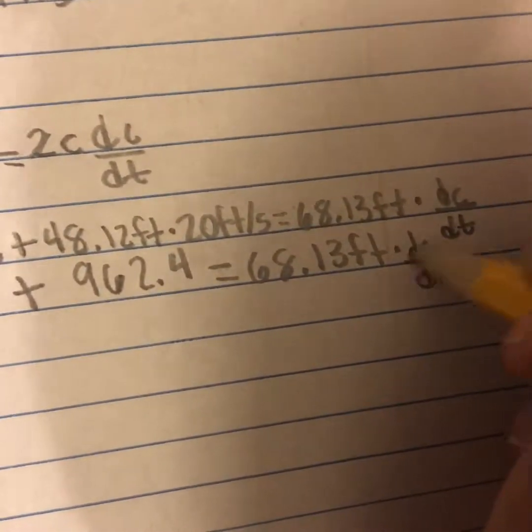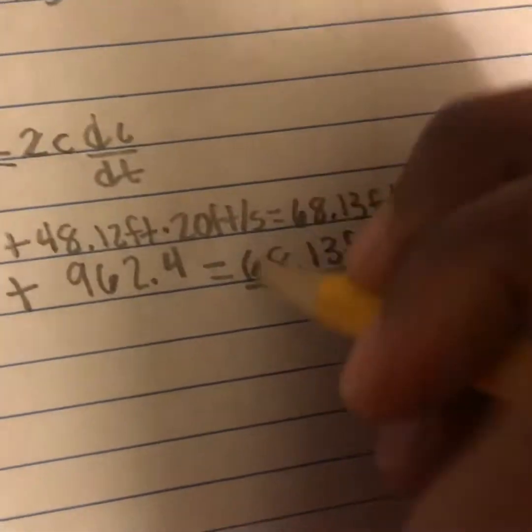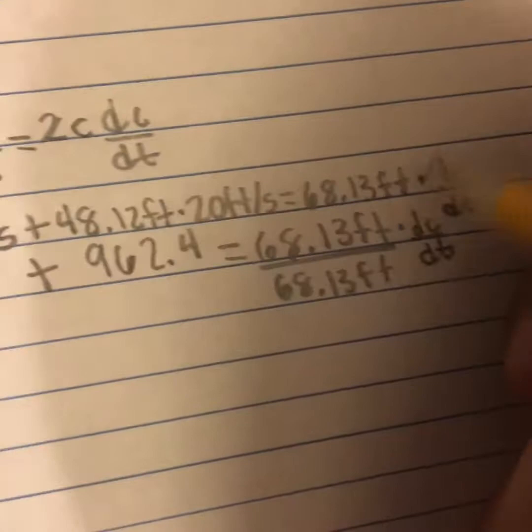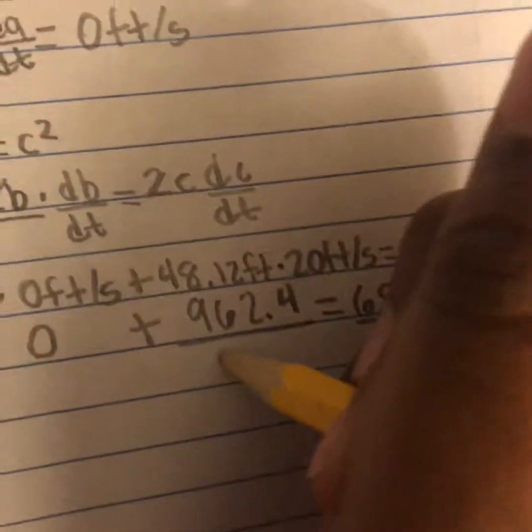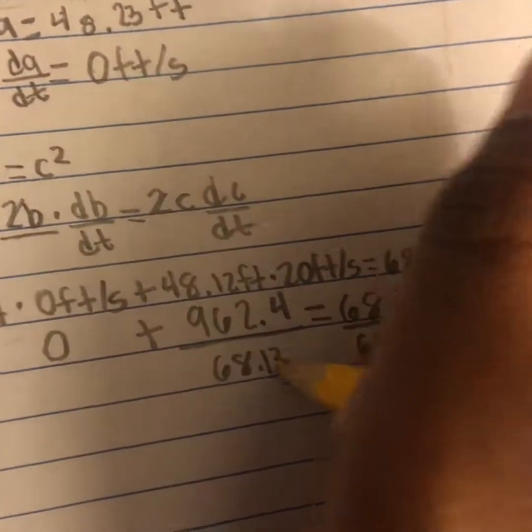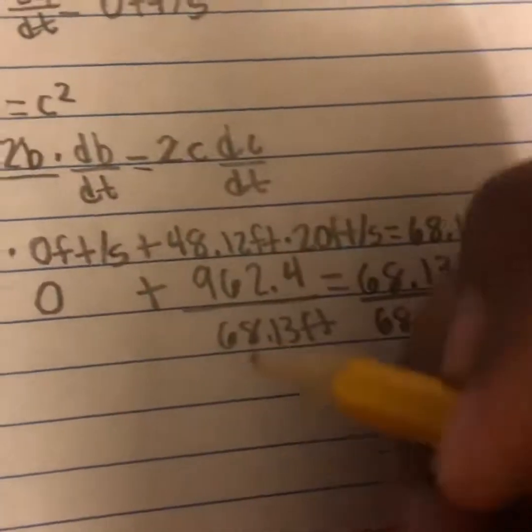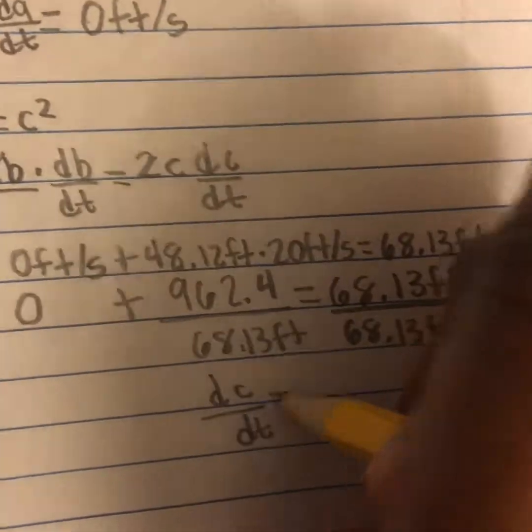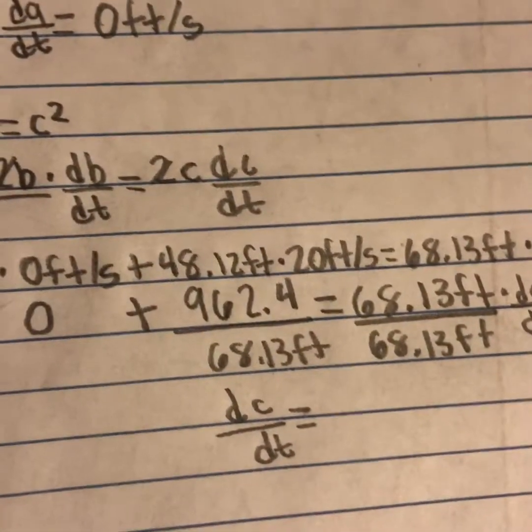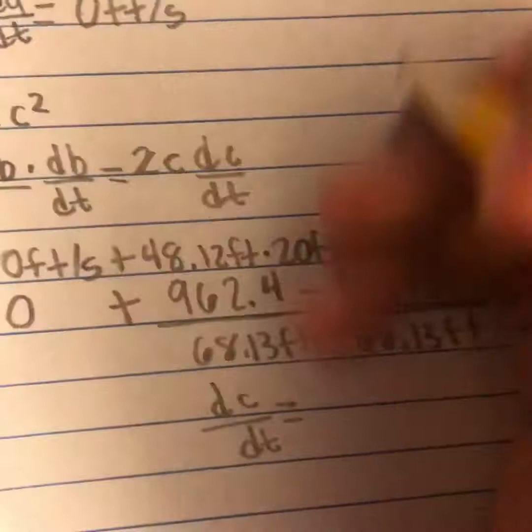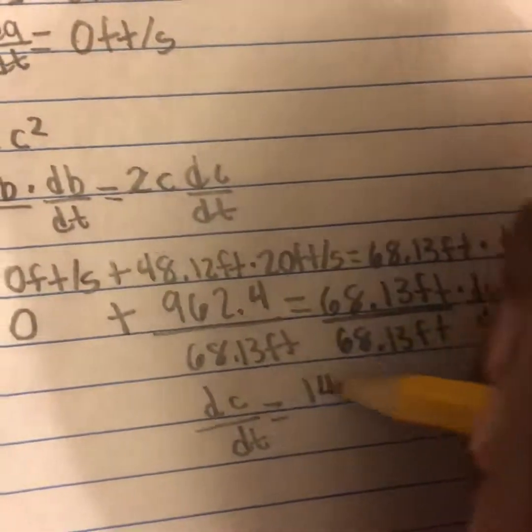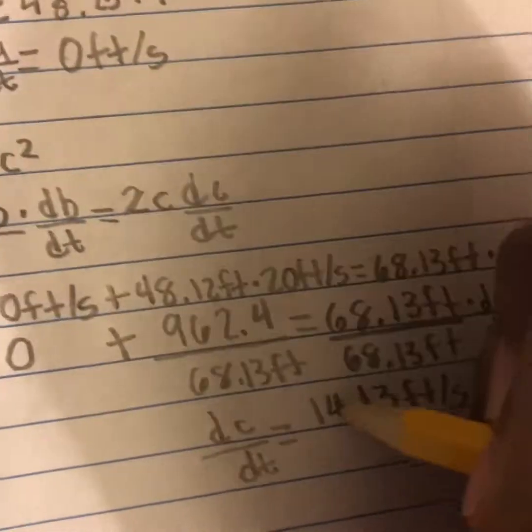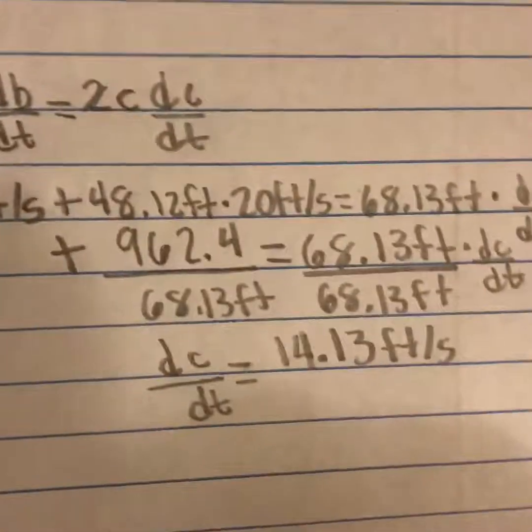So we're trying to get this alone. So we're going to divide this by 68.13 feet and divide this by 68.13 feet. The derivative of C with respect to time ends up equaling, when we divide this out, 14.13 feet per second. We figured it out.